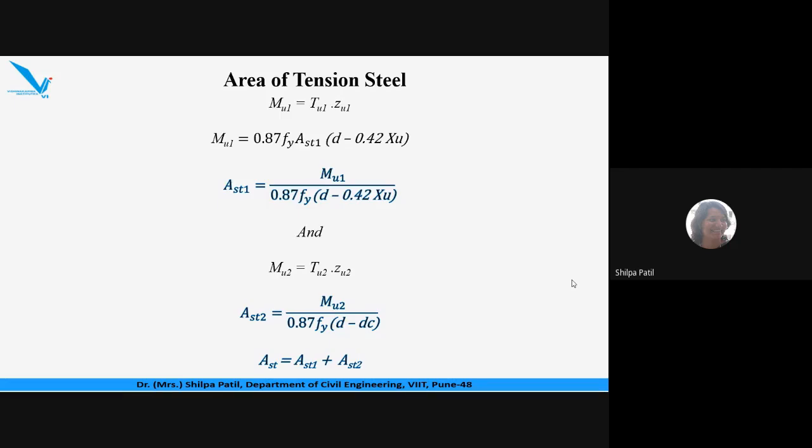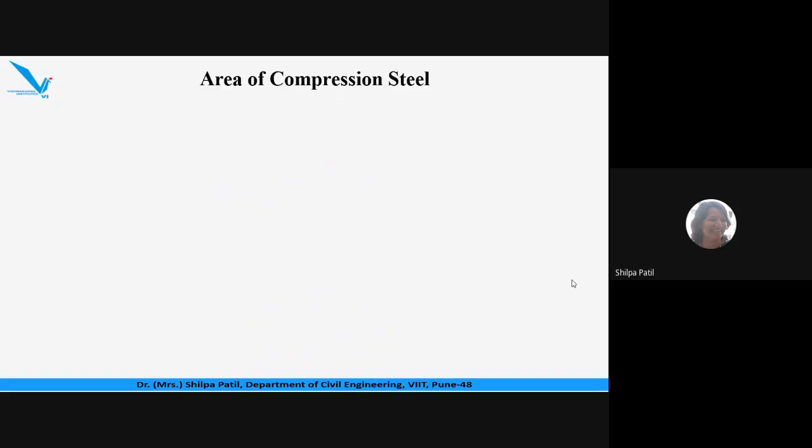So this is about the area of the steel in tension. Now let us see the area of steel in compression. To find it, we use the concept that the total force of compression is equal to the total force of tension. The area of compression steel is assumed in section 2, so we consider the force of compression in section 2 equal to the force of tension in section 2.